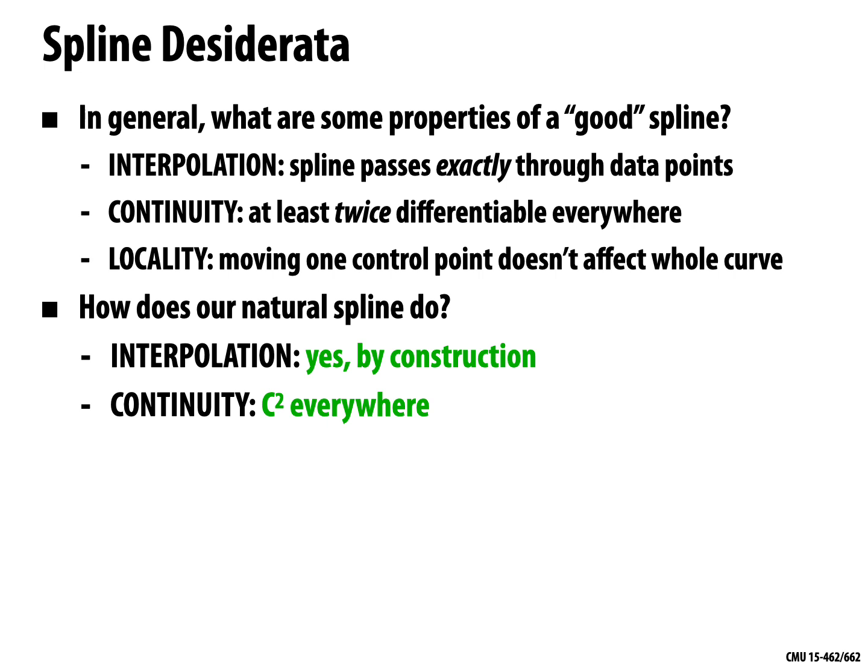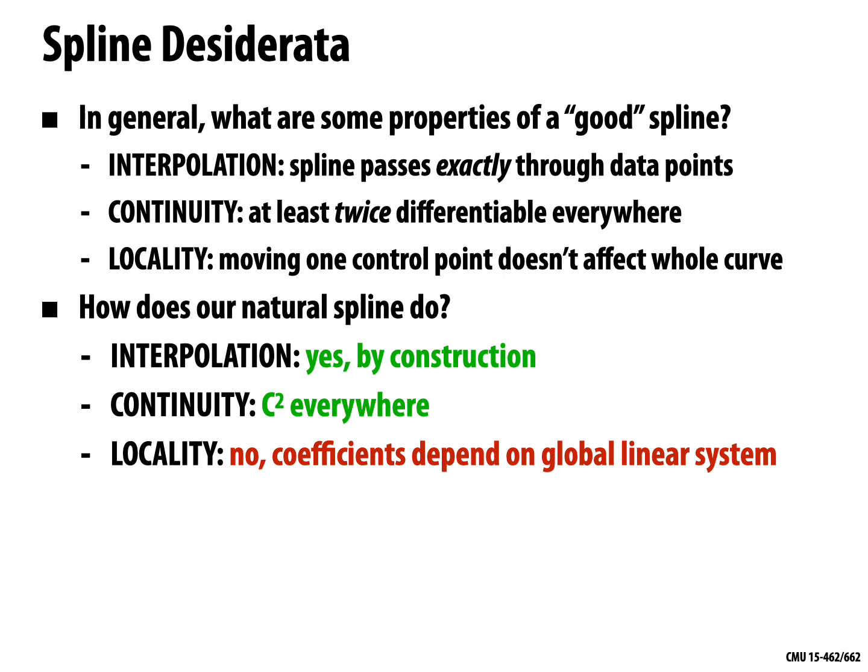I couldn't just solve one of those equations by itself or 4 of those equations by itself. They're all interacting in some way. That tells you that this natural spline is really not going to be local. All these degrees of freedom are glued together because we have these relationships between adjacent segments. So we got 2 out of the 3 properties that we wanted. Let's see if we can do better.